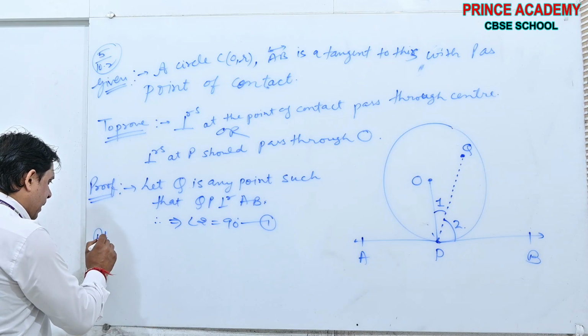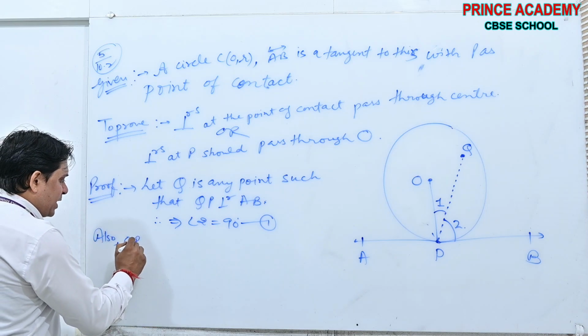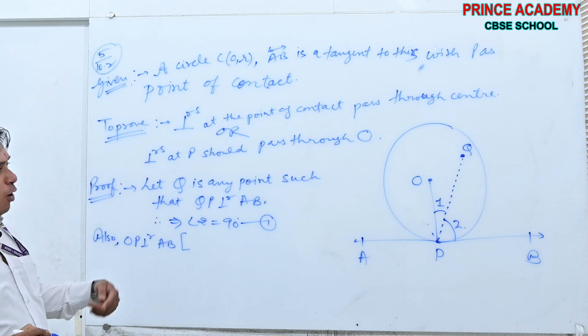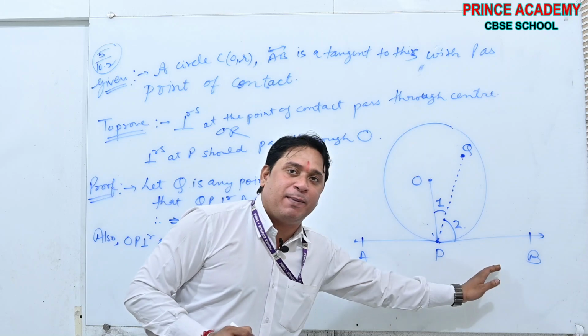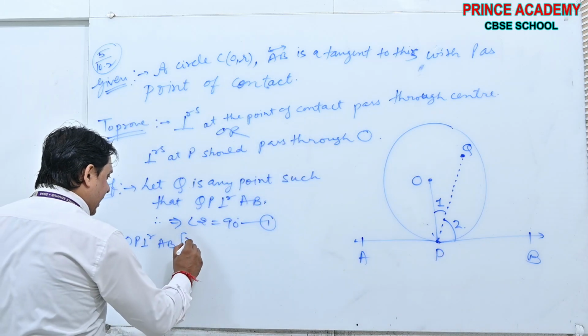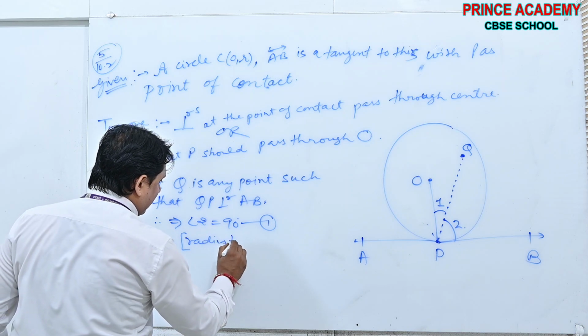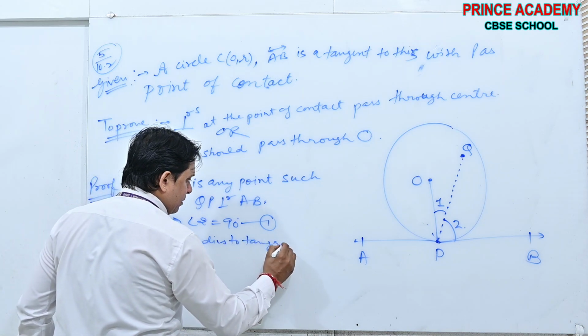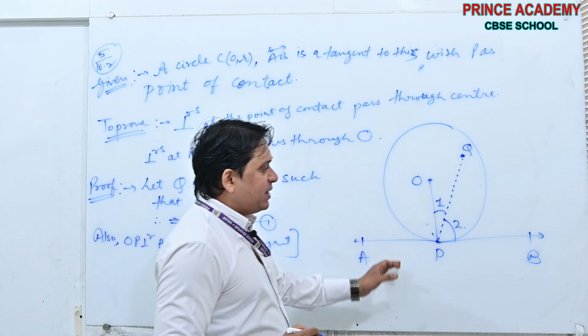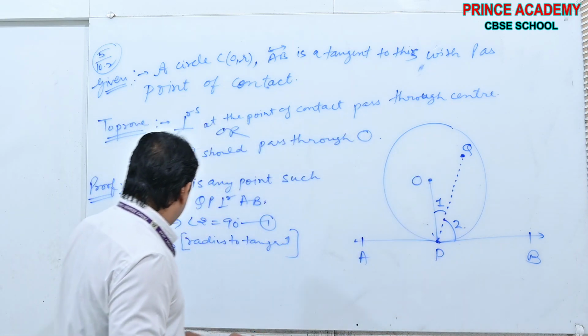Also, OP is perpendicular to AB. Why is OP perpendicular to AB? Radius to the tangent. This is the radius to the tangent, then OP is perpendicular to AB. This is the theorem, this is the fact.